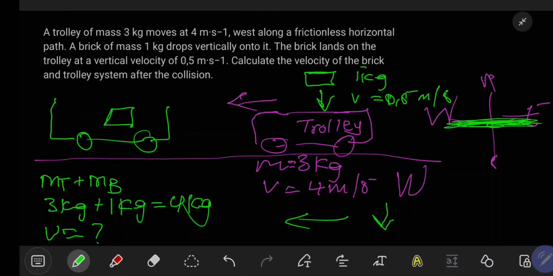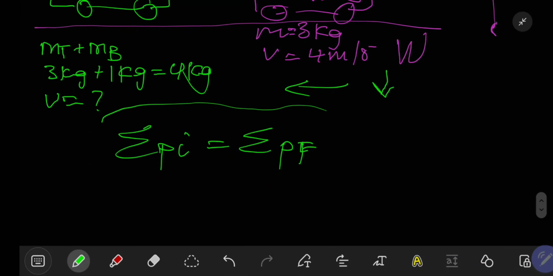and momentum is conserved in a straight line. When we are applying this conservation, we apply it on a straight line, not on a vertical line.